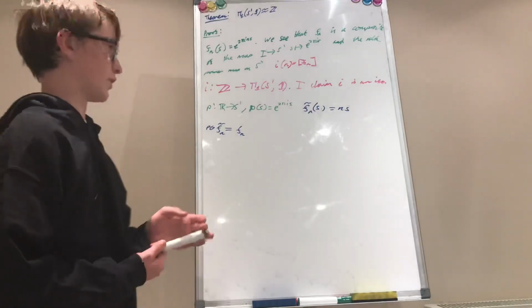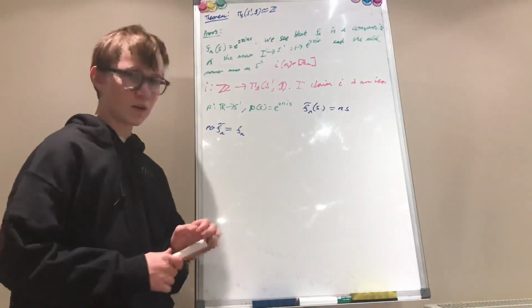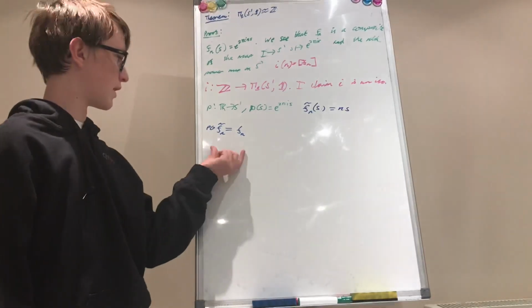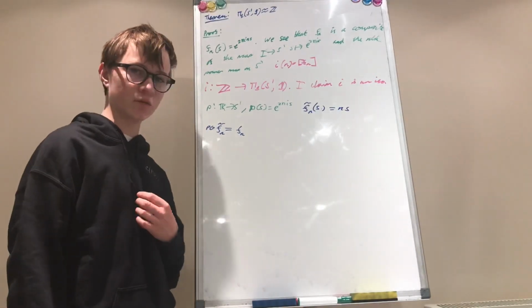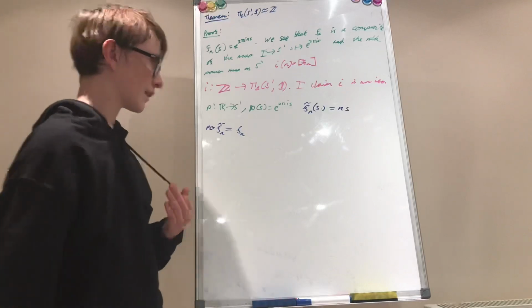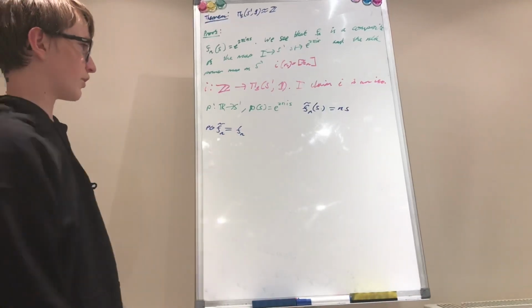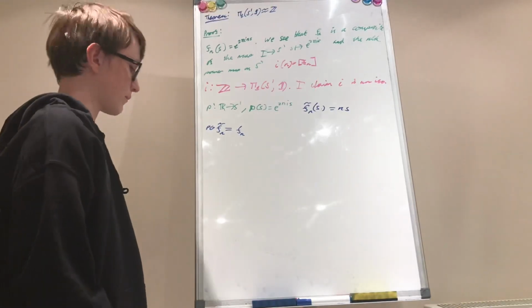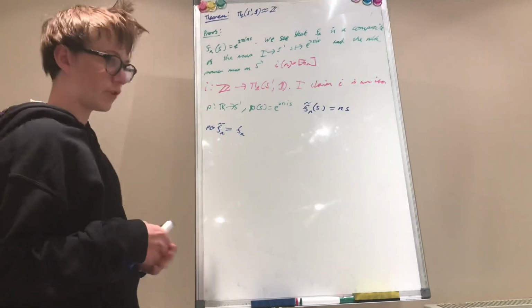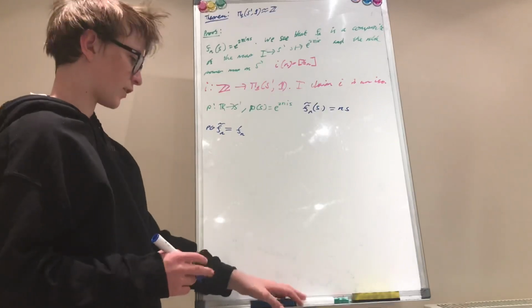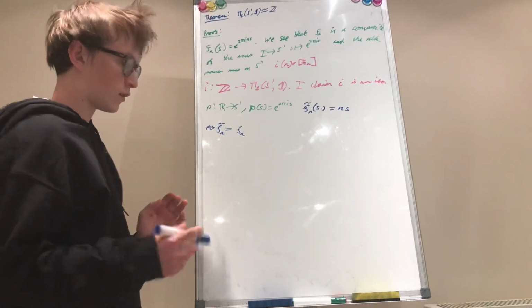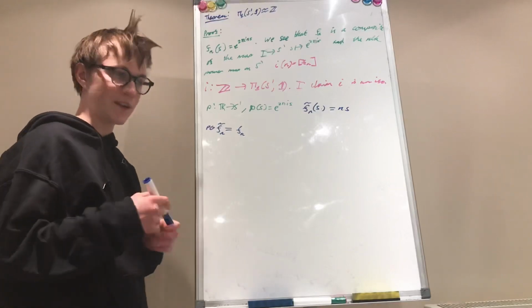Now, this lifting here actually works in general. So not only in this example do we have a unique lift, but in general we have a unique lift. As I said before, this path lifting works in the general case.